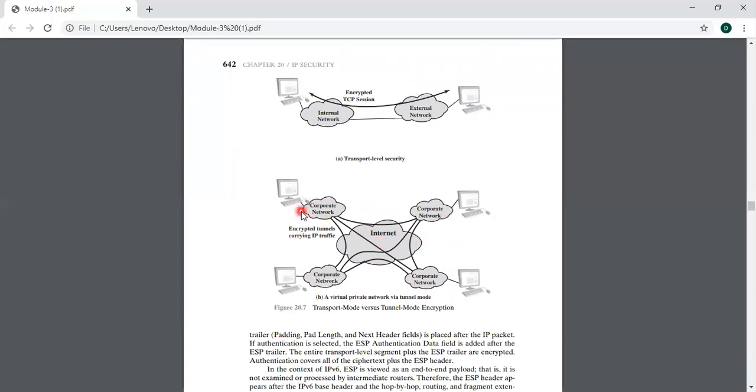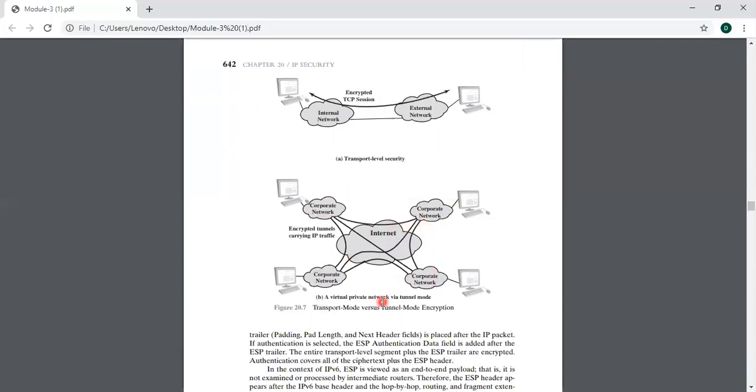So here interaction is taking place from this system to this system, this system to this system. Here interaction is taking place with the help of this internet, but they won't interact with the other internet-based host.